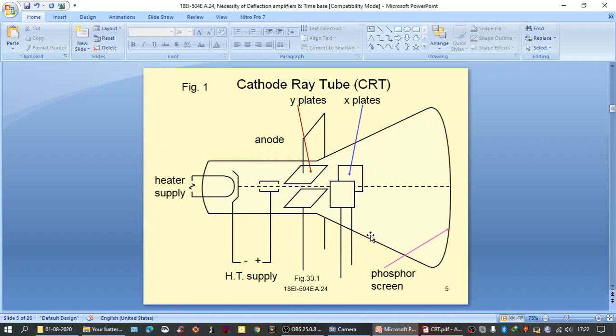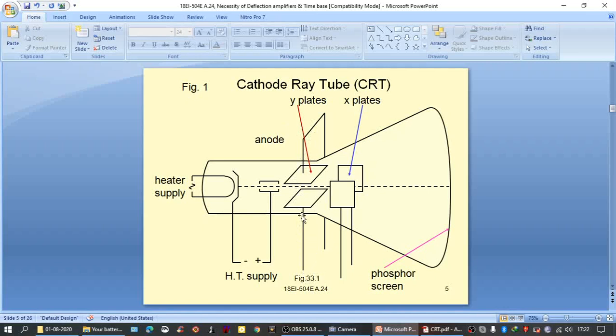Here you can see this is the set of electrodes or plates which are mounted horizontally and are called vertical deflection plates. External input is applied to these vertical plates. External input is amplified first through vertical amplifiers, and then that is applied as input to these vertical deflection plates.